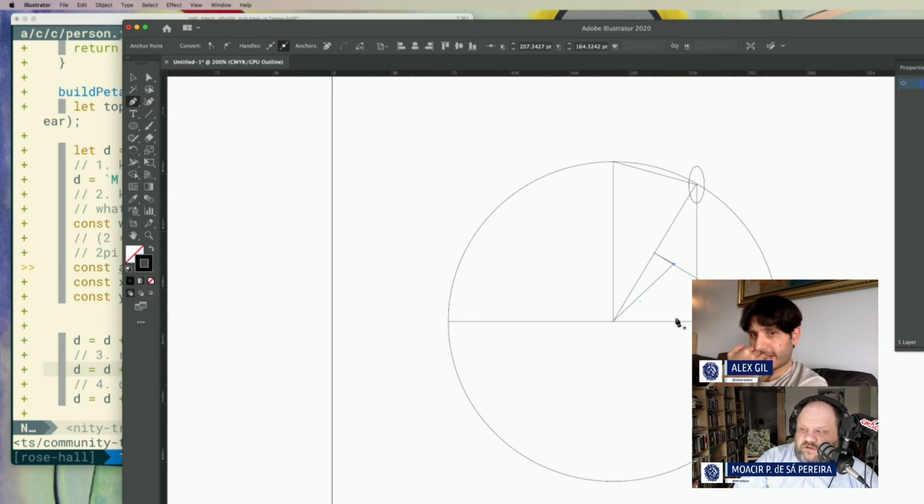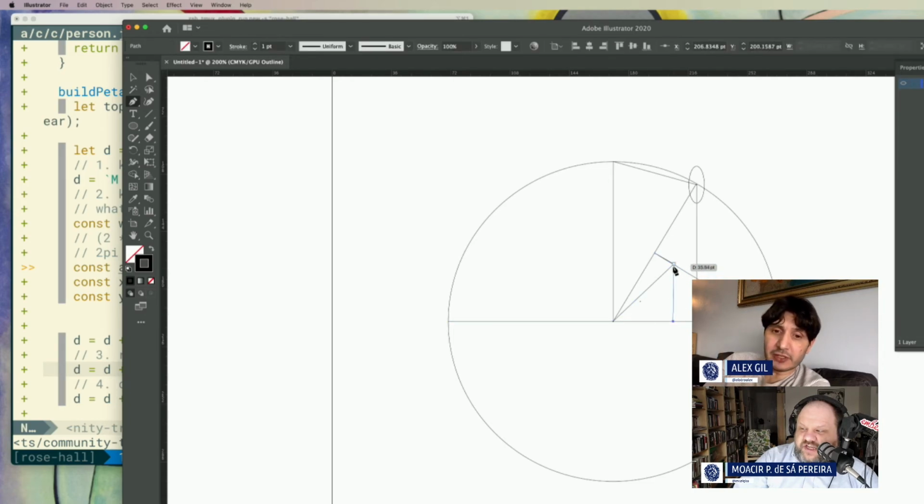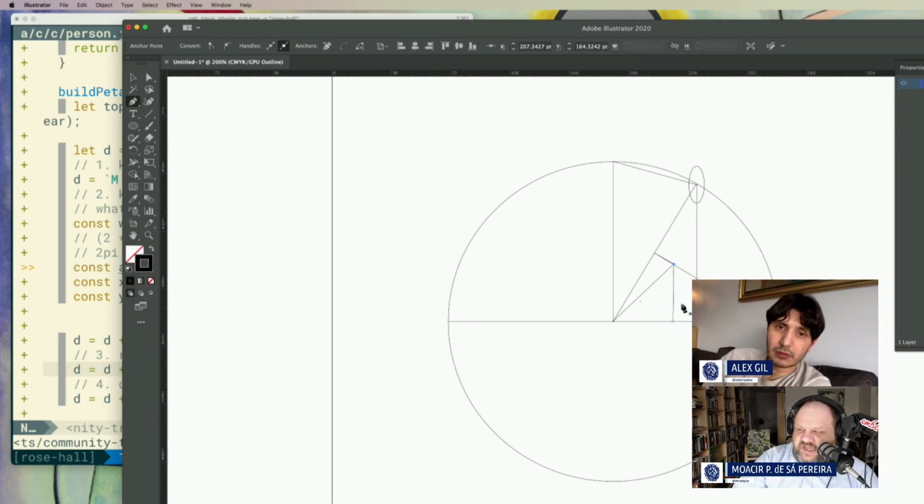Okay, all right. Keep reasoning. I think what you're saying is that if we calculate this length, then we can do this to get the y value and this to get the x value. I'm saying we don't need to do that because we know this and we know this, so if we have the opposite and the adjacent, we can solve for the tangent of theta.